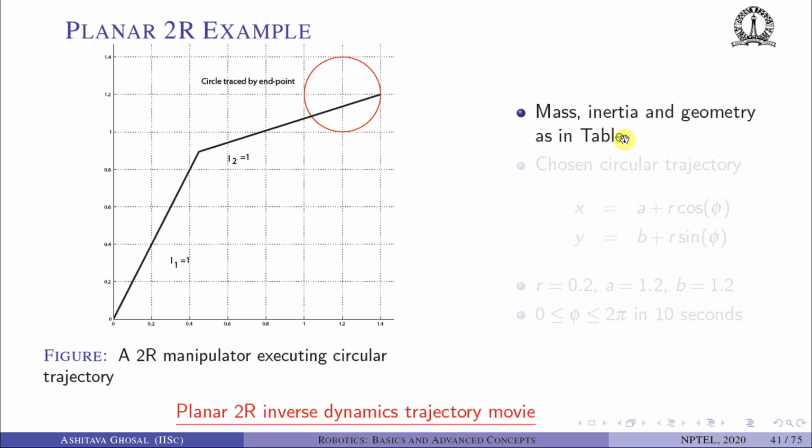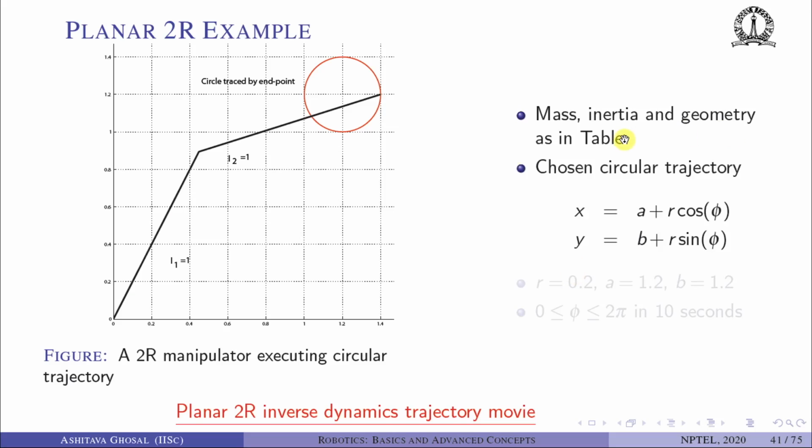We now need to choose a trajectory. In this numerical example, I have chosen a circular trajectory. So the tip of this robot should trace a circle, which is given by x equals a plus r cos phi, y equals b plus r sin phi. So phi is the parameter for this circle. We choose r as 0.2, a as 1.2, b as 1.2.